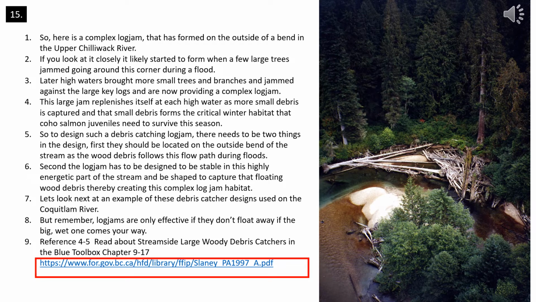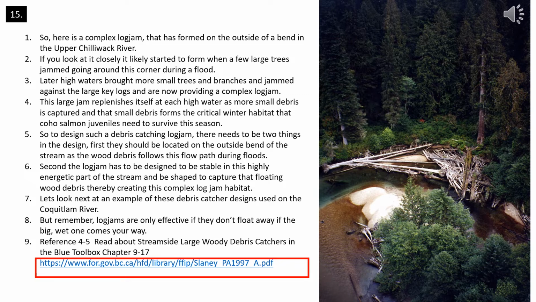Now, later high waters brought more small trees and branches that then jammed against these large key logs and are now providing a complex log jam. So this large jam replenishes itself at each high water as more small debris is captured, and that small debris forms the critical habitat that coho salmon juveniles particularly need to survive this season.